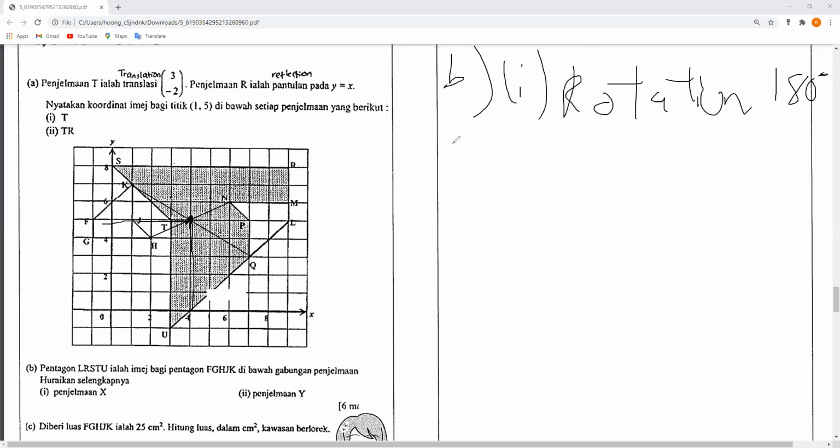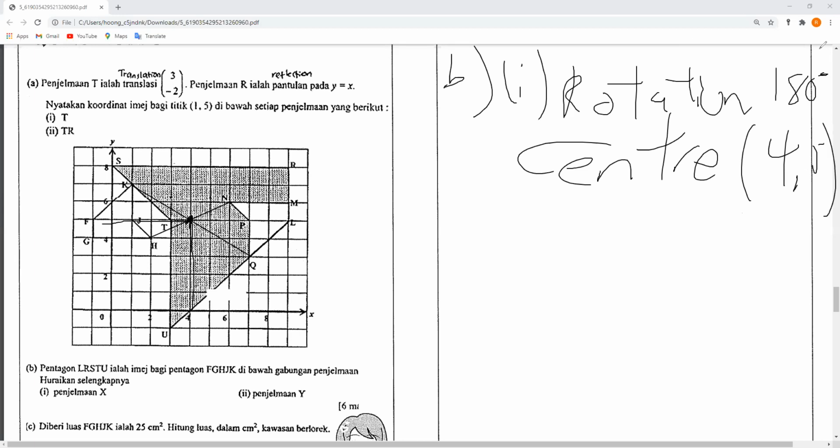Just leave it, because for rotation 180 degree, whether it turns left or right, it's the same. So we just write rotation 180 degree, and then center 4, 5. So the answer is like this for 180 degree.